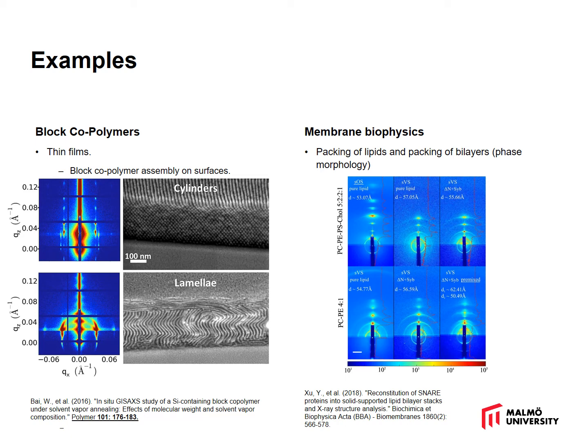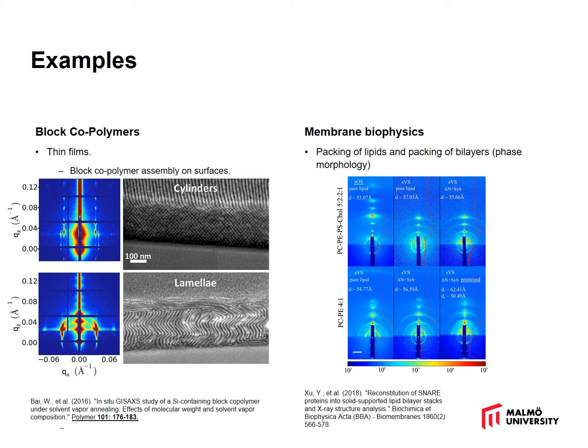One can see in the real space measurement that they're either cylinders or lamella, and both give very clearly defined GSAS patterns there on the left. But if you're looking at the processing of them, it's impossible to slice them up as you go along. So what the grazing incidence technique allows you to do is look at what happens as you treat the film and the kind of morphologies that result.